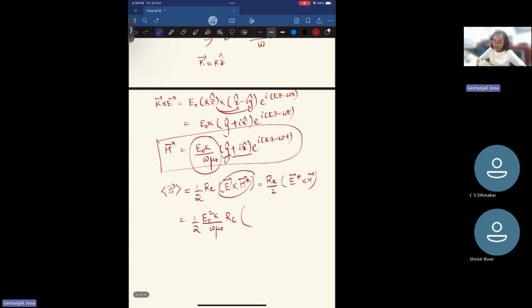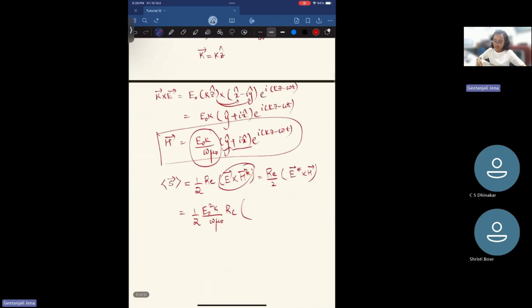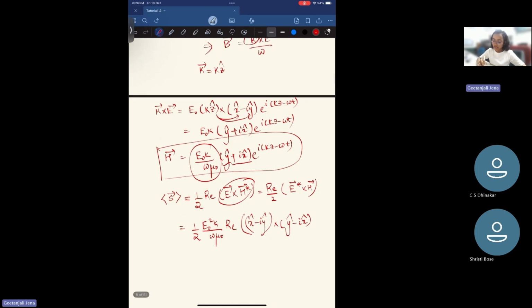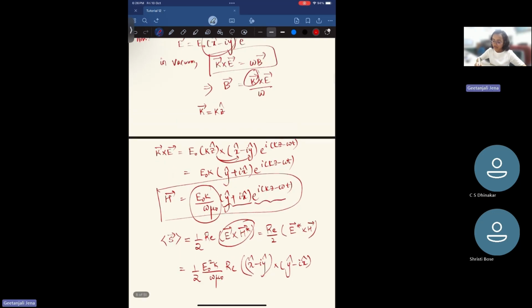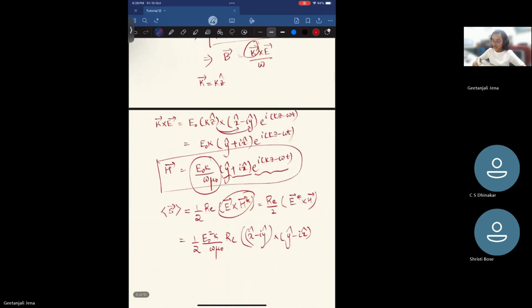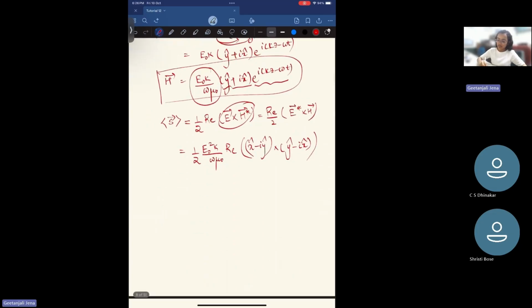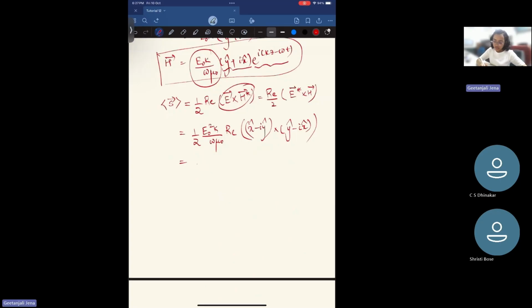Let us take this one. So for E we have x cap minus i y cap, cross H with y cap minus i x cap. And the exponential part will cancel with the other one when you take the star. So let us simplify it.